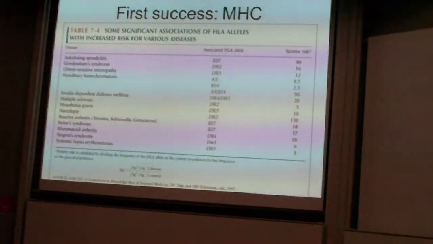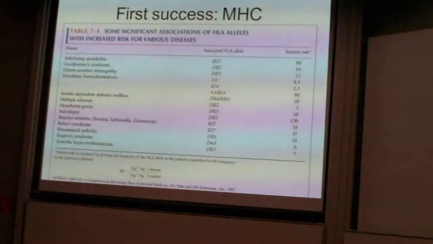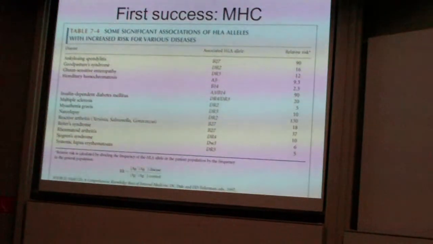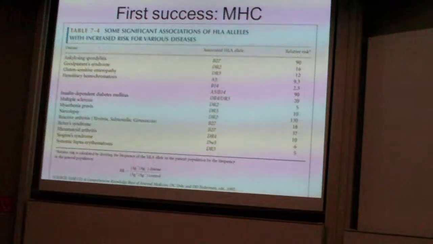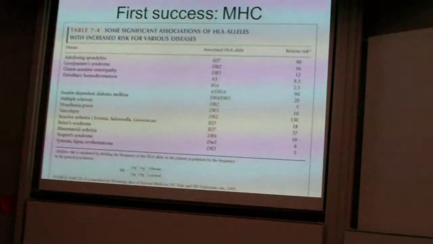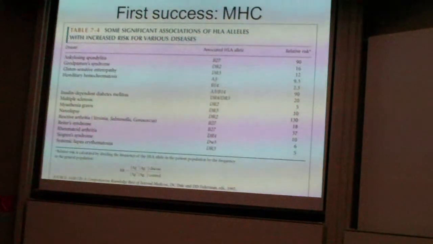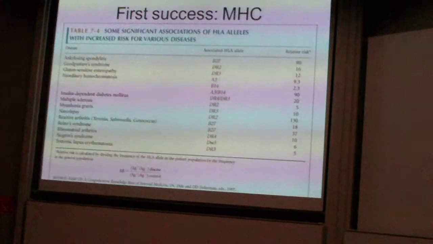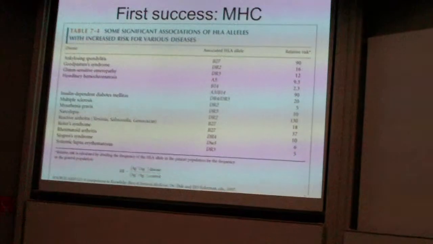And it appears that for most of these autoimmune diseases, you can read the insulin-dependent diabetes or type 1 diabetes, MS, for instance. To make sure, there is a huge difference between type 1 and type 2. Type 1 is considered to be autoimmune, type 2 is not. And here you see multiple sclerosis, rheumatoid arthritis, some other diseases, and you can read here that they all have an association with one of these HLA molecules.